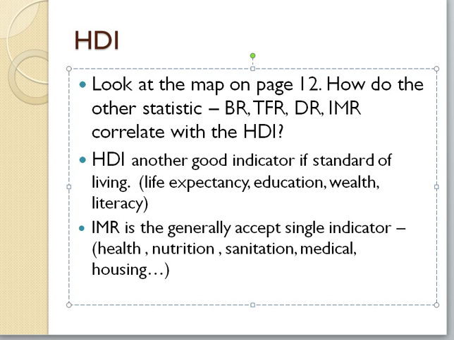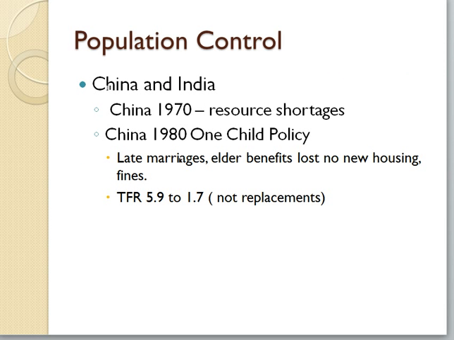This would include things like the general health of the country, nutrition, sanitation, medical availability, housing. There are so many things that go into having healthy children and sustaining those lives that infant mortality is the best single indicator.